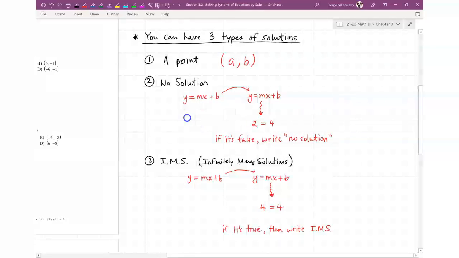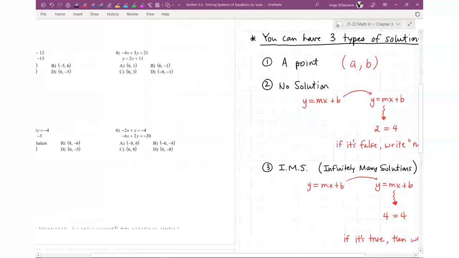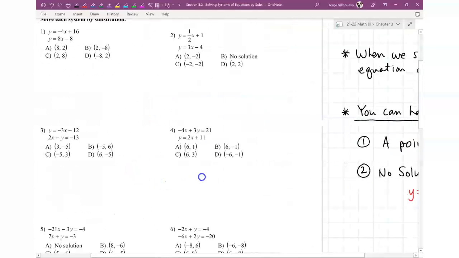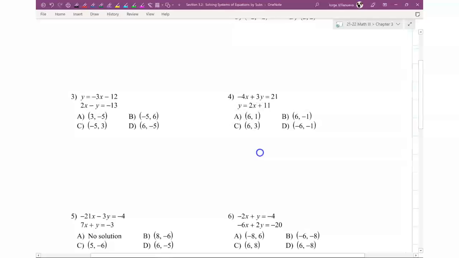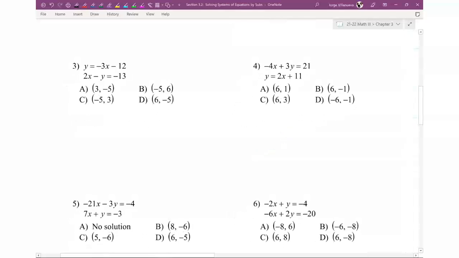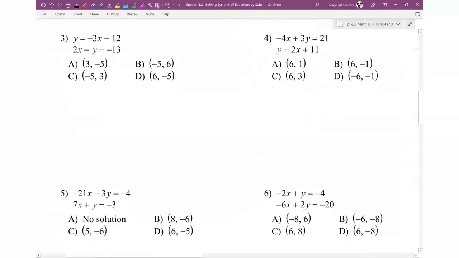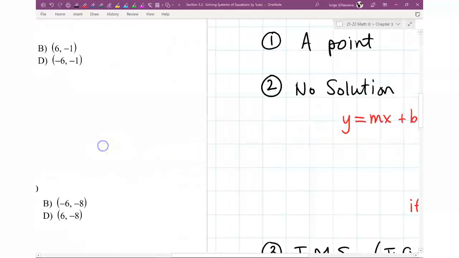Okay? So before I do question 2, because I don't want to start off with the no solution problem if that's what the answer is, let's take a look at number 3. Okay? Now I'm going to write these somewhere else. I'm not going to do my work in this area. I'm going to kind of write them on the side, okay? So let me see.